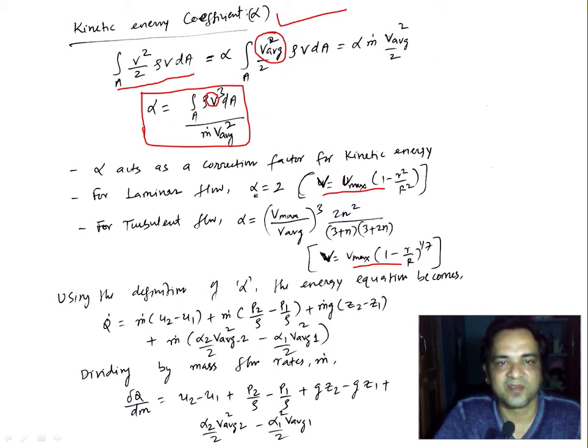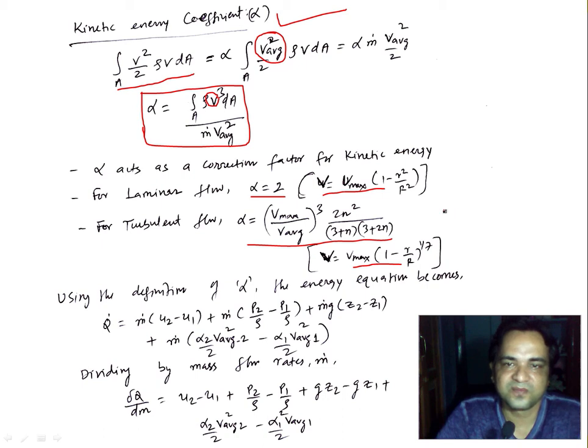For laminar flow alpha equals 2, for turbulent flow alpha equals this much. This is homework for all of you. Try to find the kinetic energy correction factor for laminar and turbulent flow. It's not difficult. Just do the integration and divide by m dot v average square, and you will get alpha.